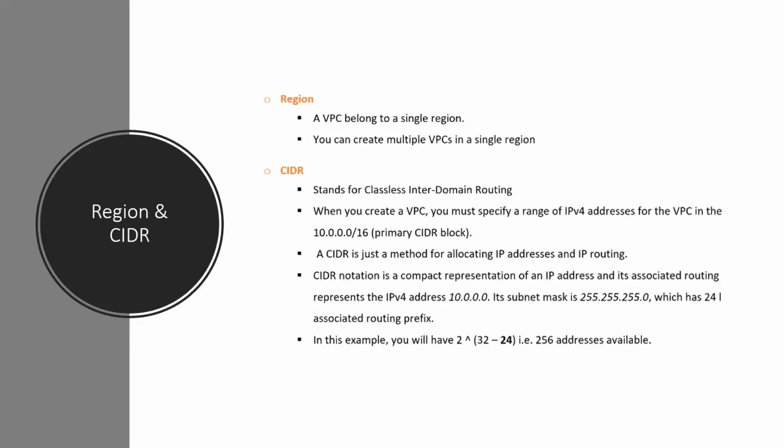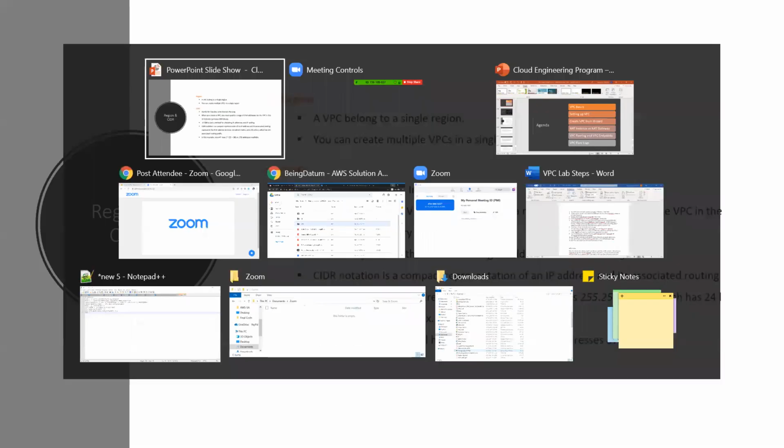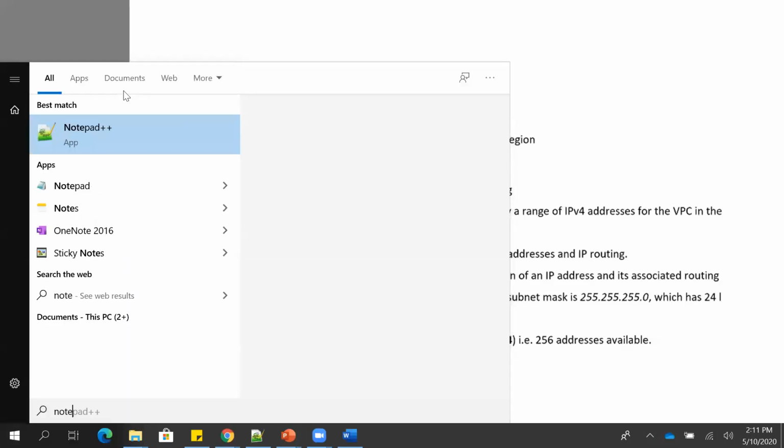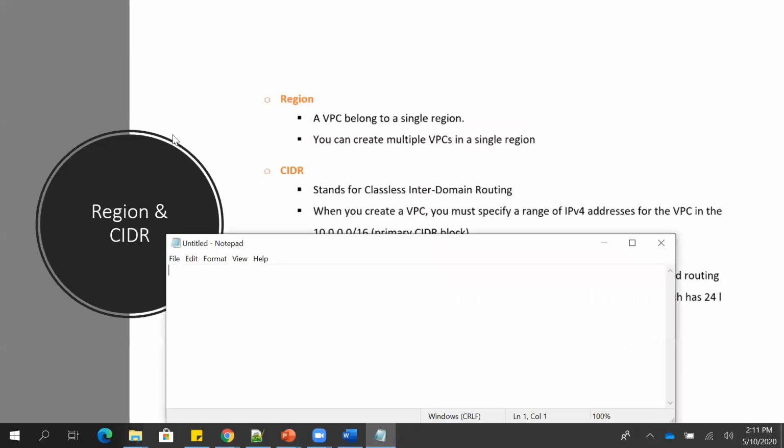Here the IP range is defined in such a way that, let me show you in Notepad first. We write something like 10.0.0.0/0. This particular part is your base IP, and this part is your subnet mask.